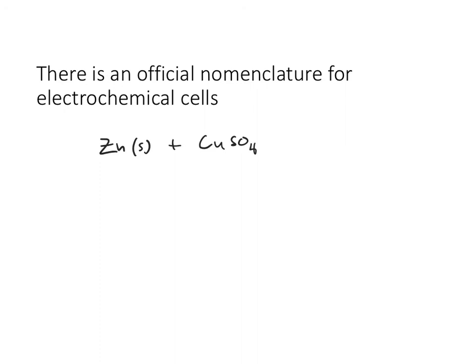Then we have copper sulfate in the other cell. The zinc is being oxidized to zinc sulfate, and it's forming copper metal. This just happens to be the so-called Daniell cell, with 2 L's. That's this particular reaction.